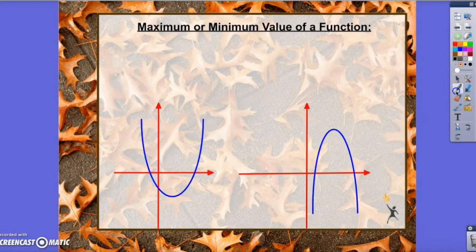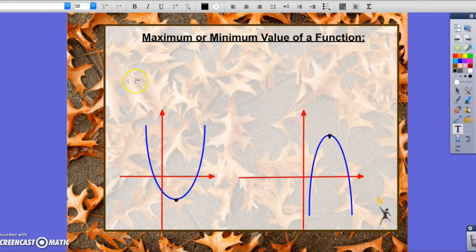Now, maximum or minimum functions. First of all, let's find our vertex for each of them. Here's my vertex and here's my vertex. And this one, because it opens up and it continues going in the up direction, this is a minimum.